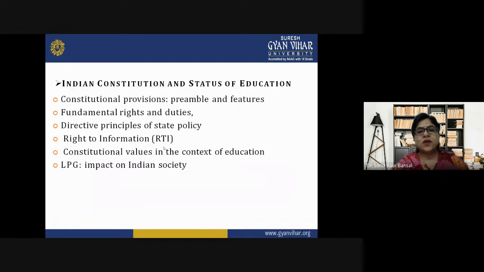Students, in Indian Constitution and Status of Education, we have already studied constitutional provisions, preamble, and features.